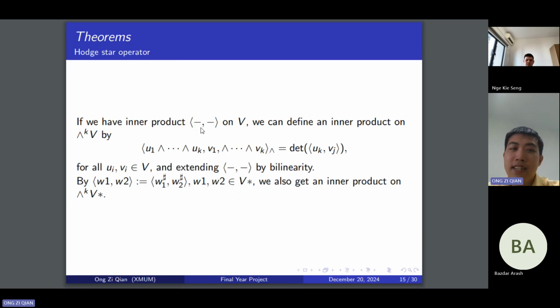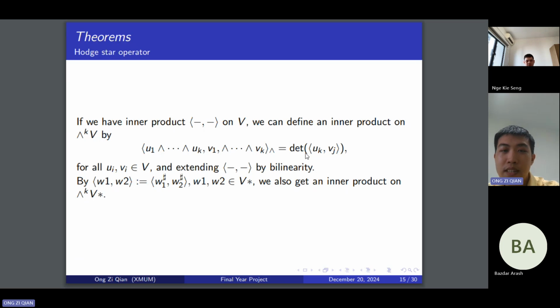So for the next part, if a vector space has an inner product, we can try to define an inner product on the exterior product.